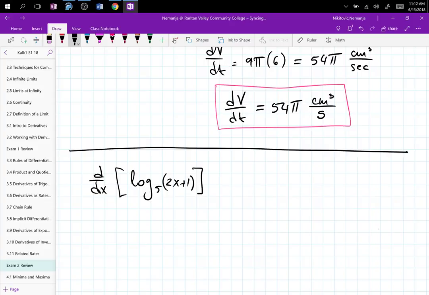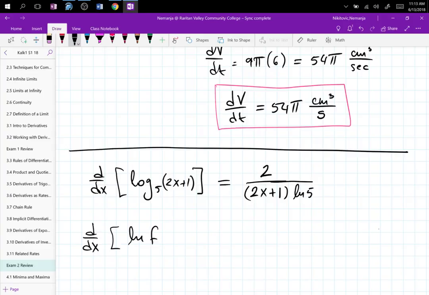All right. The derivative of all log functions always has the argument as is in the denominator and its derivative on top. That's always the case when you have ln. Since you don't have ln, you have log base 5, you will have to multiply the denominator by ln.